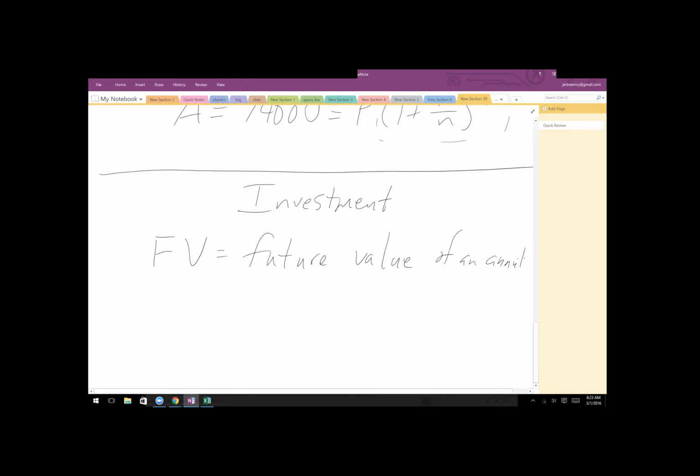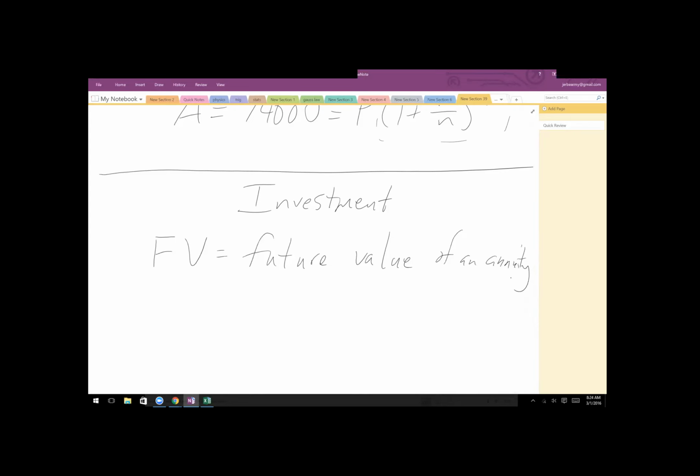What is an annuity? Anybody know? An annuity is like a retirement plan. You put money in every month or every year or whatever. It's like compound interest, except with compound interest you're just putting in money at the beginning, waiting until the end, and pulling it out.